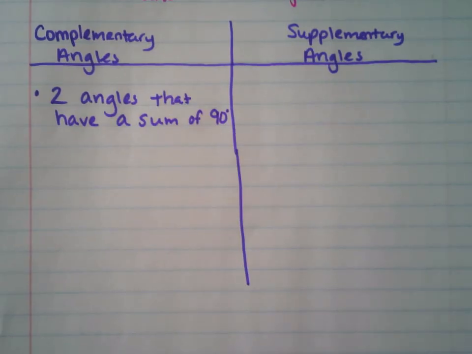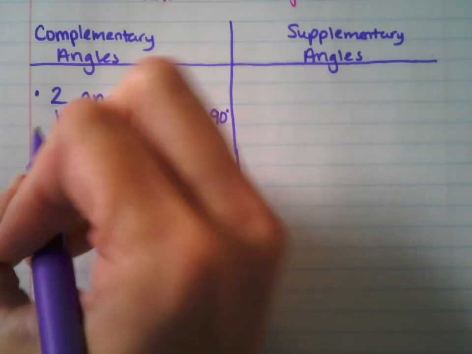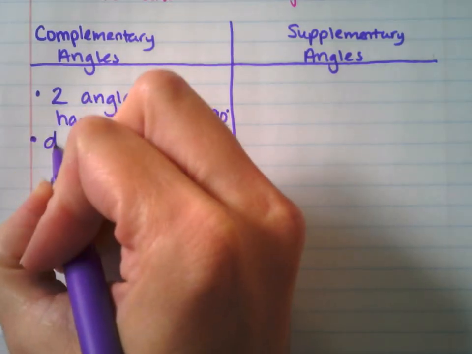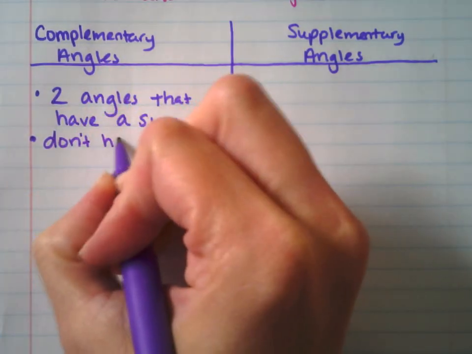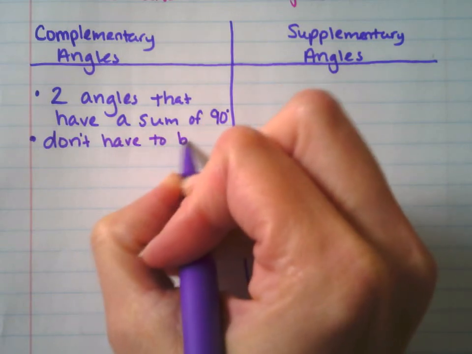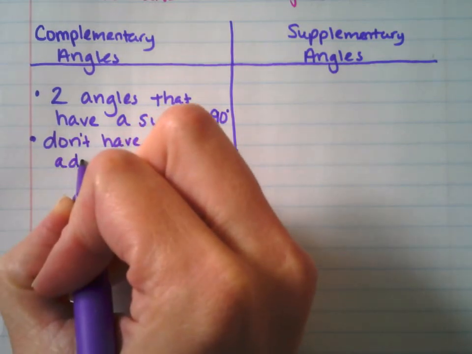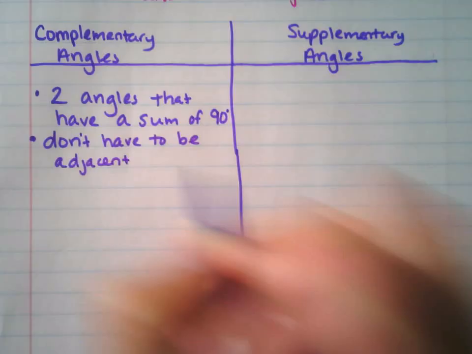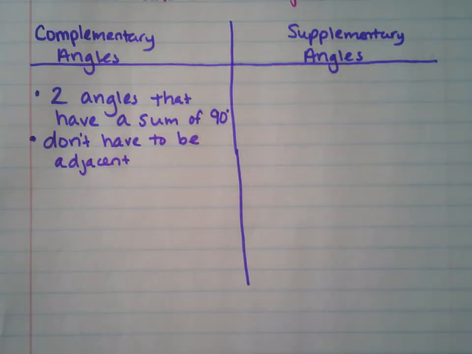Sum is our math word for they add up to, right? Okay. When we have complementary angles, they don't have to be adjacent. Okay, they don't have to be adjacent. They can be, but they don't have to be.